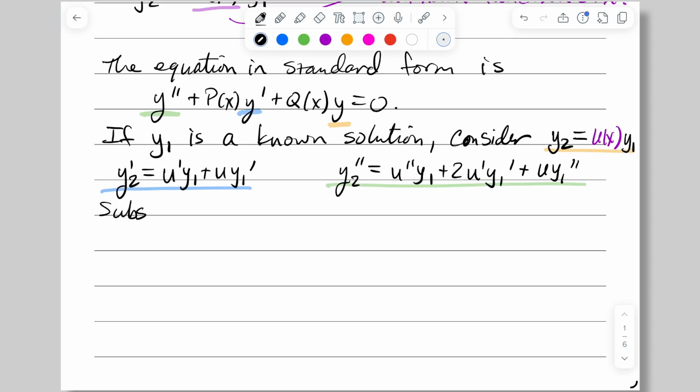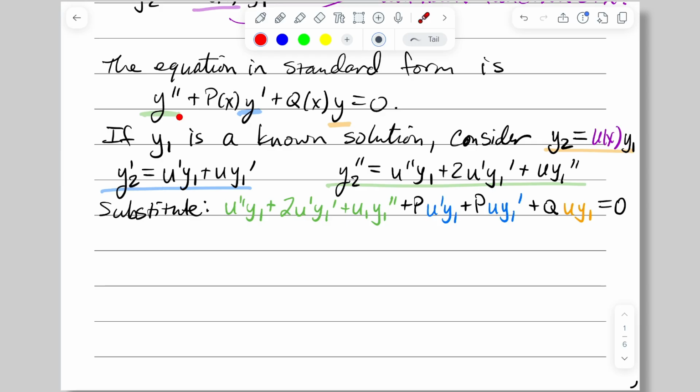If we now substitute, then y double prime plus py prime plus qy equals 0 becomes u double prime y1 plus 2u prime y1 prime plus u y1 double prime, now that's from y2 double prime, plus pu prime y1 plus pu y1 prime, now that's from p times y2 prime, plus qu y1, and that's from, of course, qy equals 0. I think I read a u1y1 double prime in there. There shouldn't have been a u1. There's only one u here.